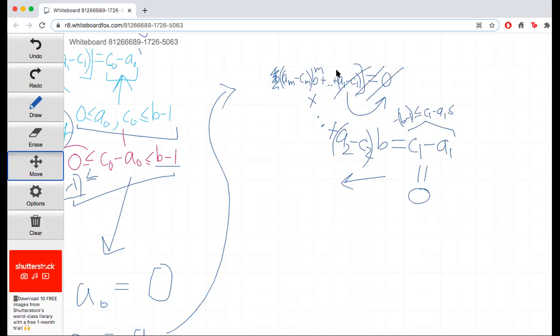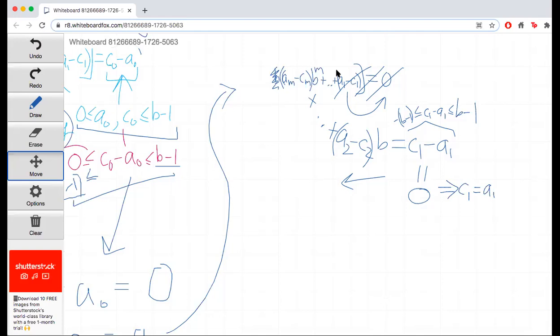Okay, so same reasoning applies. That means that this is equal to 0, so C1 equals A1. Okay, yay. So as you can see, if we just keep on repeating this process, then eventually we're going to get everything.